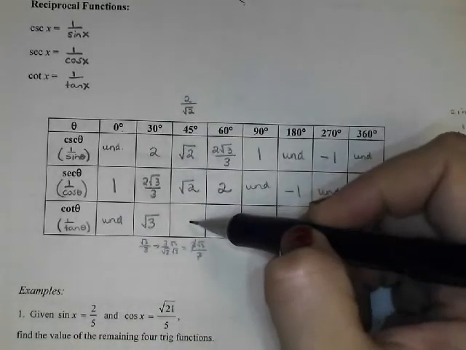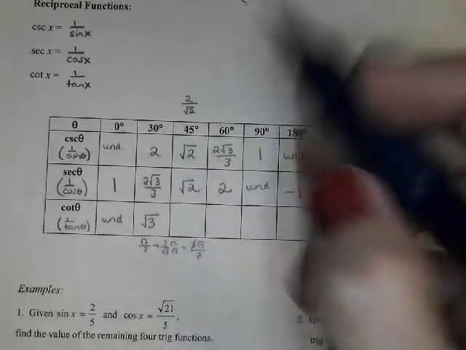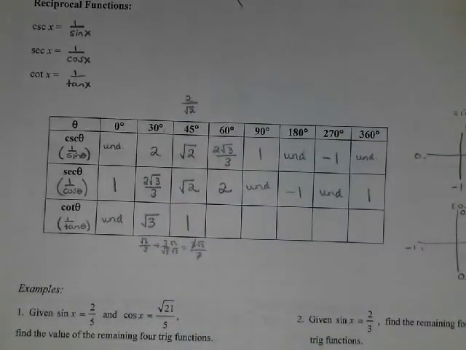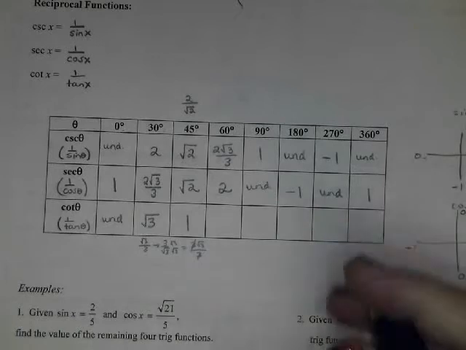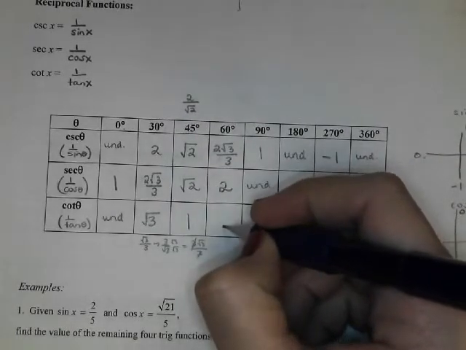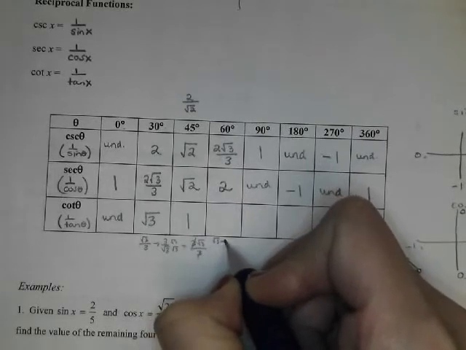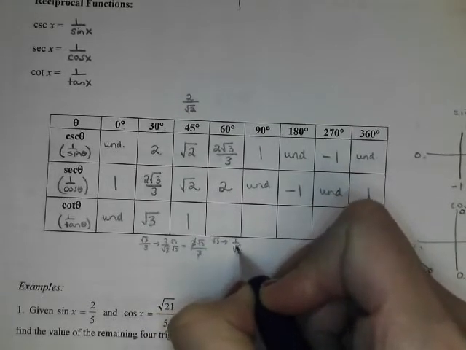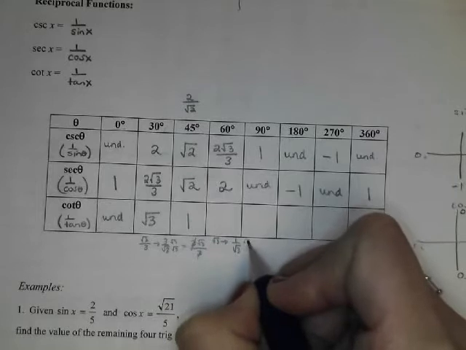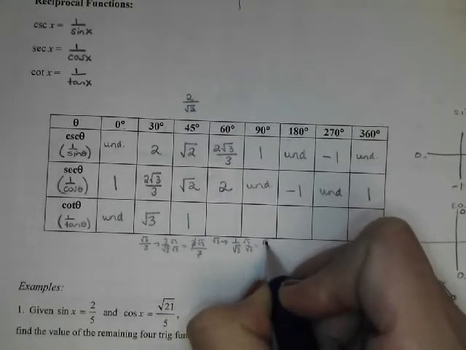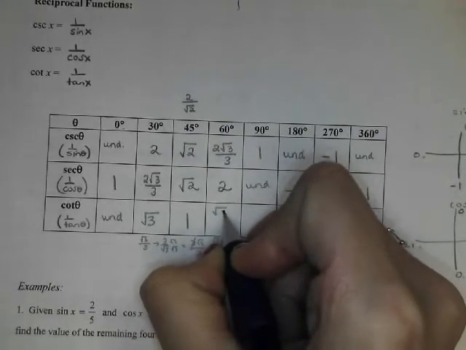For 45, the tangent of 45 is 1. So the reciprocal of 1 is 1. That's nice and easy. The tangent of 60 is root 3, which has a reciprocal of 1 over root 3. Rationalized becomes root 3 over 3.